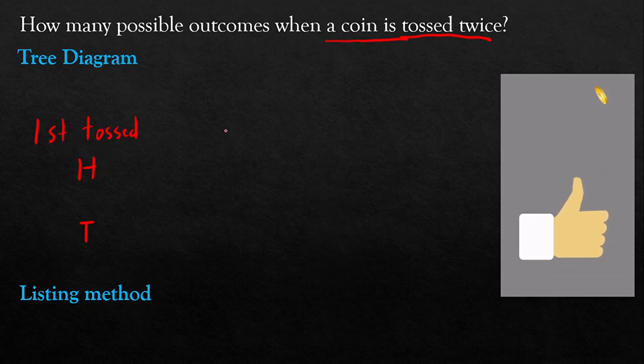How about the second toss? You toss the coin twice, so from the tree diagram, you need to create two lines again. From heads, it can be heads or tails.